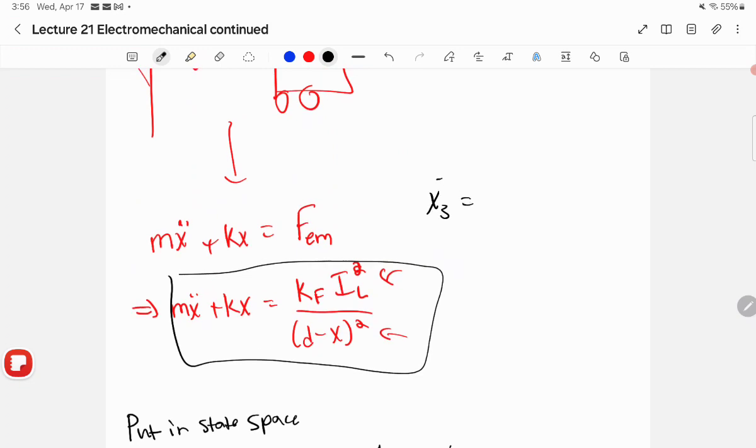If I solve this equation for x double dot, what I should find is minus k over m times x, plus k f IL squared divided by m times d minus x squared.